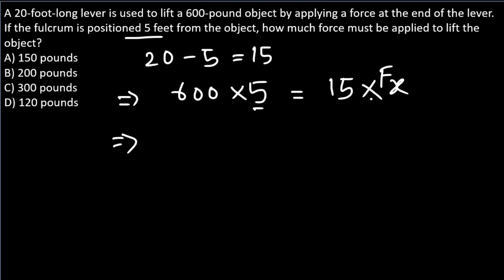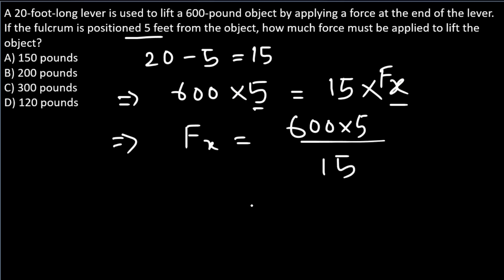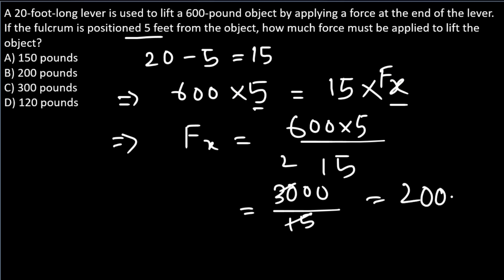So we need to find out the value of Fx, or F, the force that must be applied to lift the object. So the force is Fx equals 600 times 5 over 15 equals 3000 over 15. So 15 goes into 30 two times, so 200 pounds. This is the answer.